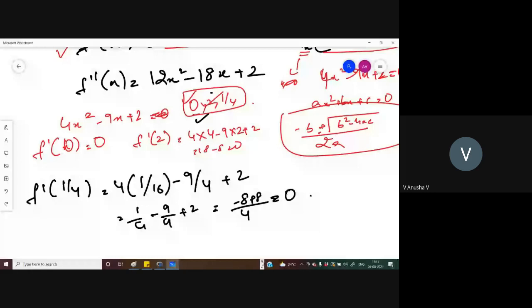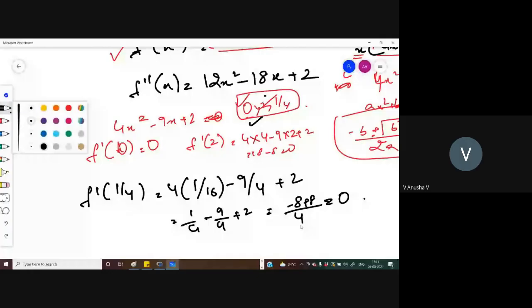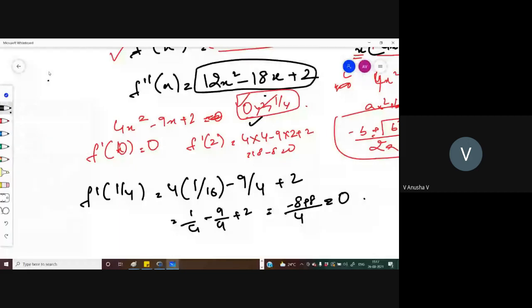Now they are saying which of the stationary points will maximize the value of f(x). So you need to find the second derivative, and in the second derivative you have to substitute all the stationary points. This is my second derivative. So I am writing f''(0).